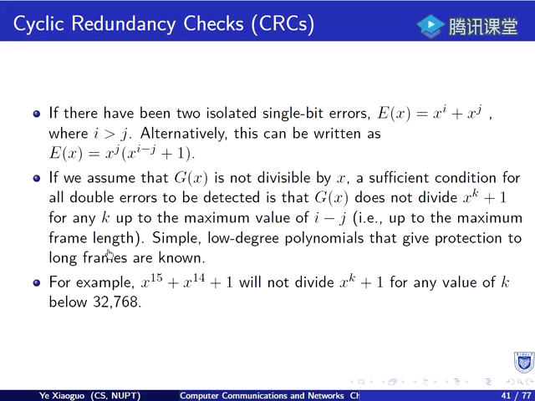For example, if there have been 2 isolated single bit errors, we express the error bit stream as x^i plus x^j, where i is larger than j. Alternatively, this can be written as x^j times (x^(i-j) plus 1).